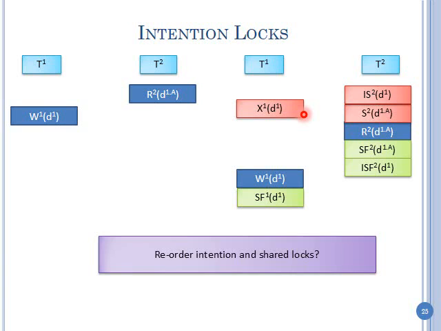So the question is, should this transaction put locks on the children first and then the parent, or vice versa? From a performance point of view, why are you going back up the tree? It's all constant time, but why are you doing that? Can you think of a reason not to reorder it?